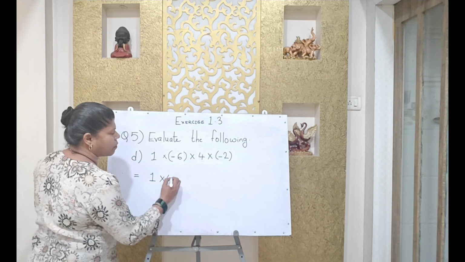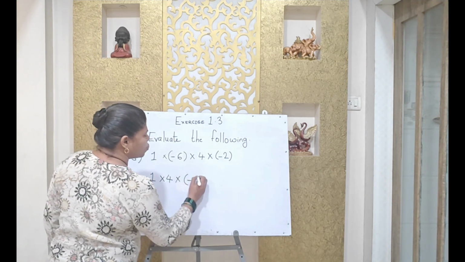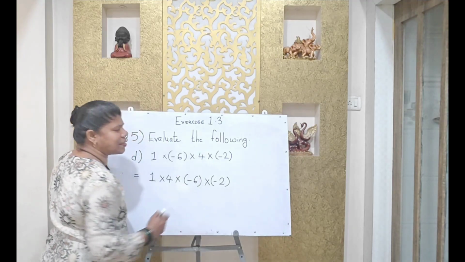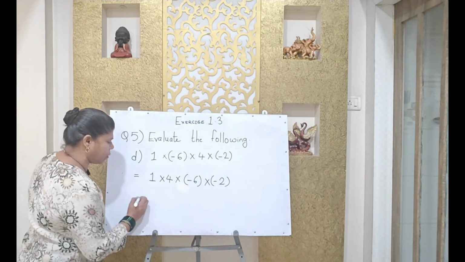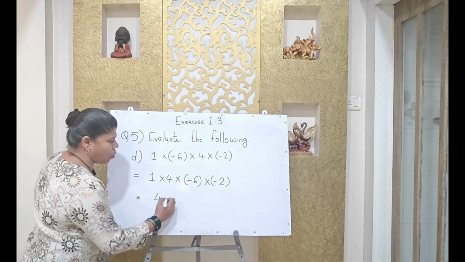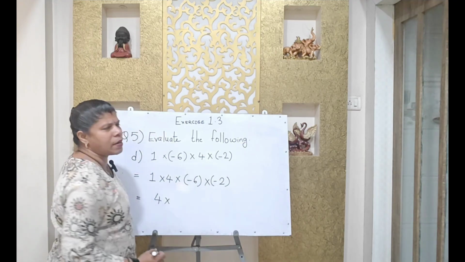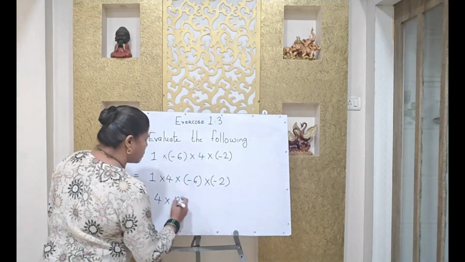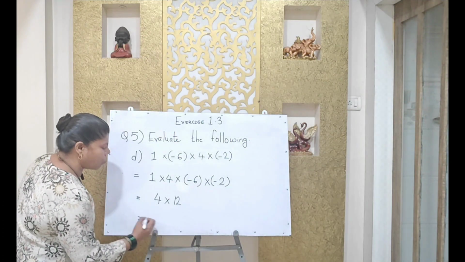We just change the sequence of the numbers to make it easier. Now see, these 2 minus signs are now together, so you can easily solve this. 4 ones are 4. This minus and this minus, the same sign will be positive. 6 twos are 12. 12 fours are 48.